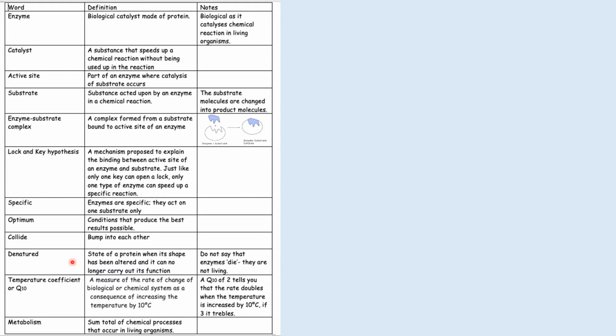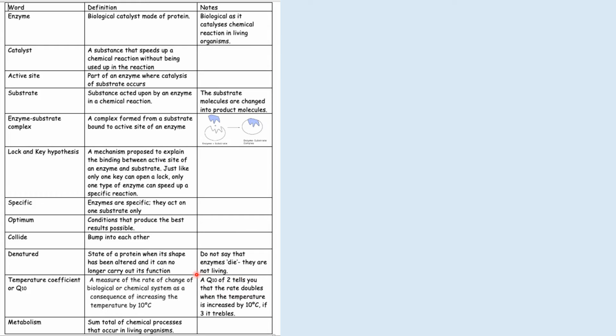Denatured is the state of a protein when its shape has been altered permanently and it can no longer carry out its function. An important thing to note is do not say that enzymes die, they are not living organisms themselves. Temperature coefficient, or Q10, this is a measure of how the rate of reaction of a biological or chemical system changes as a consequence of increasing the temperature by 10 degrees Celsius.